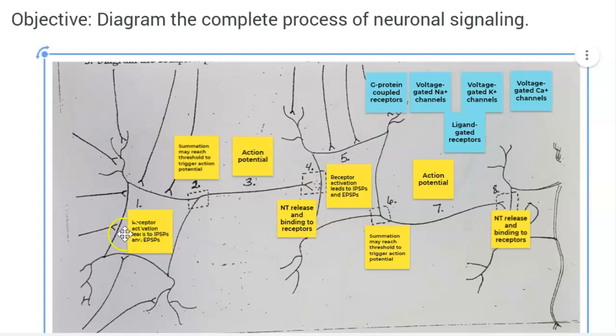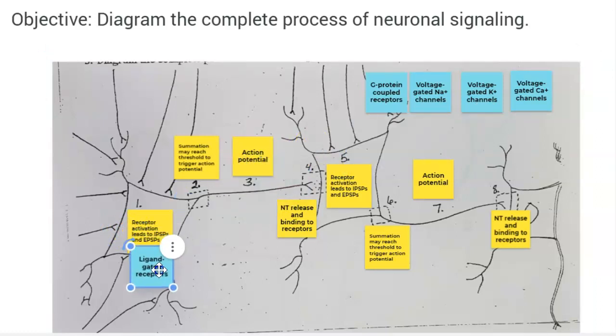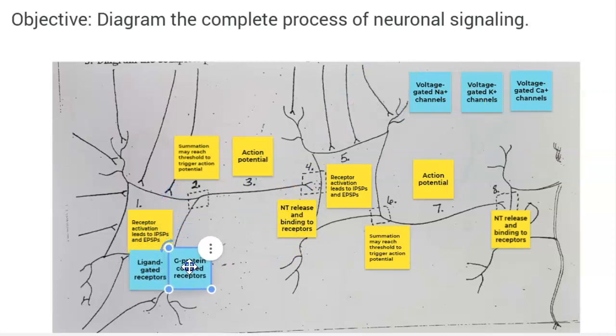But basically that's the same, the neurotransmitter release binding the receptors and the receptors changing inside. That's basically all the same step, really. So you can either have it here or you can put it over here, but I like to put another one over there to save space. And those different receptors that can be activated are either ligand-gated receptors or G protein coupled receptors, and we'll talk about those in just a second.